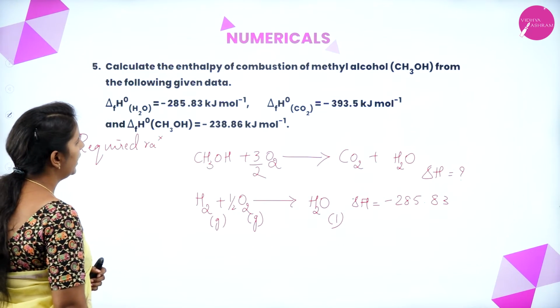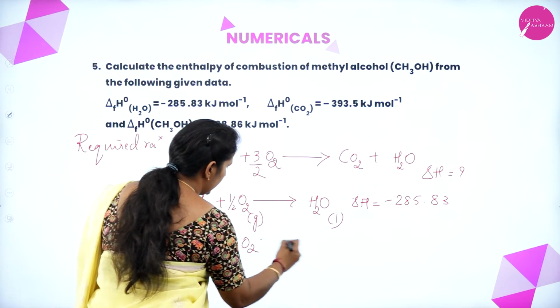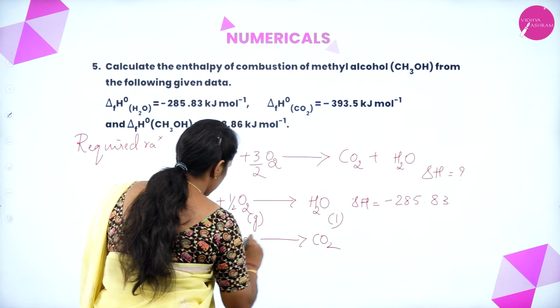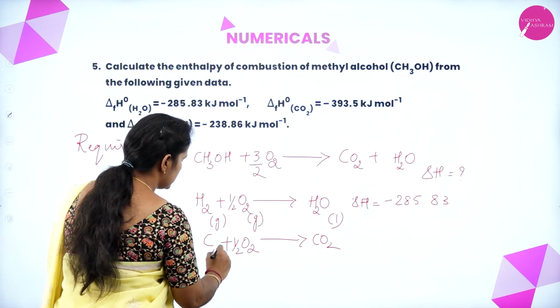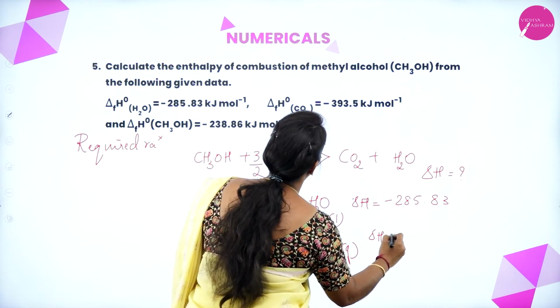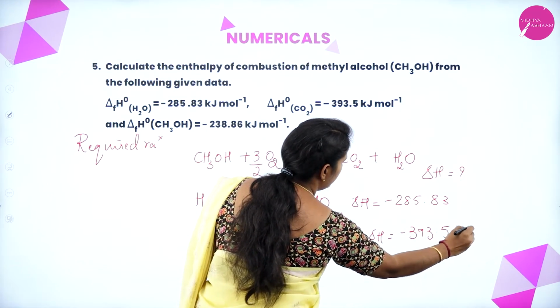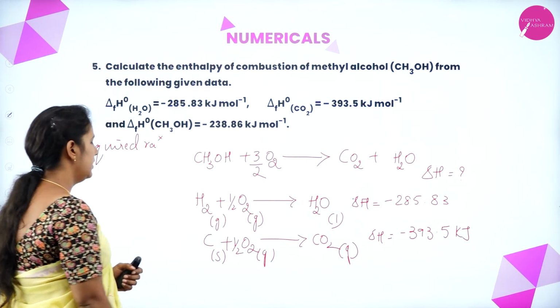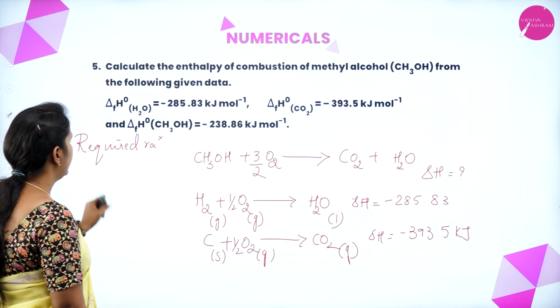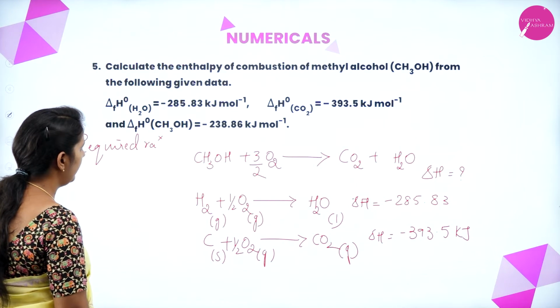Next, we have enthalpy of carbon dioxide. So, carbon with oxygen giving rise to carbon dioxide. This is a solid and this is a gas. The change in enthalpy is minus 393.5 kilojoules per mole.